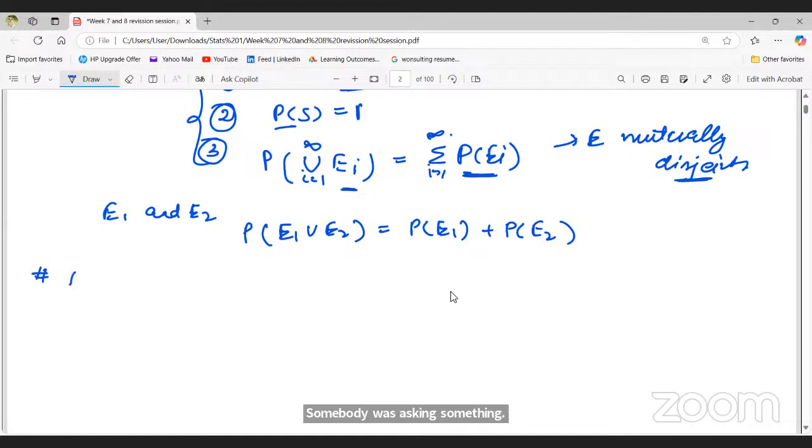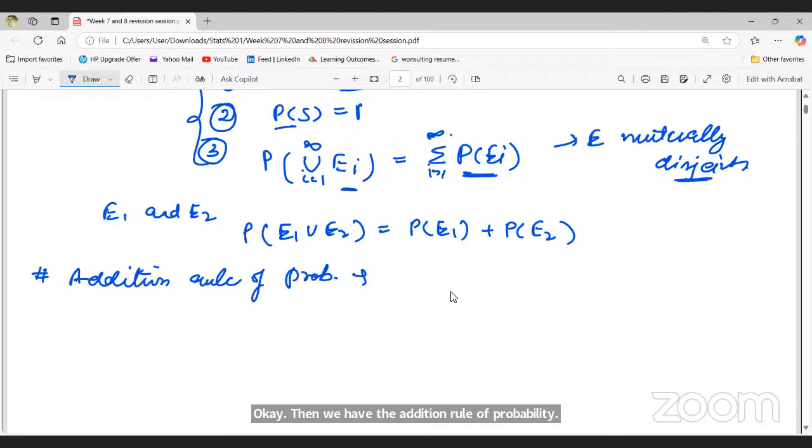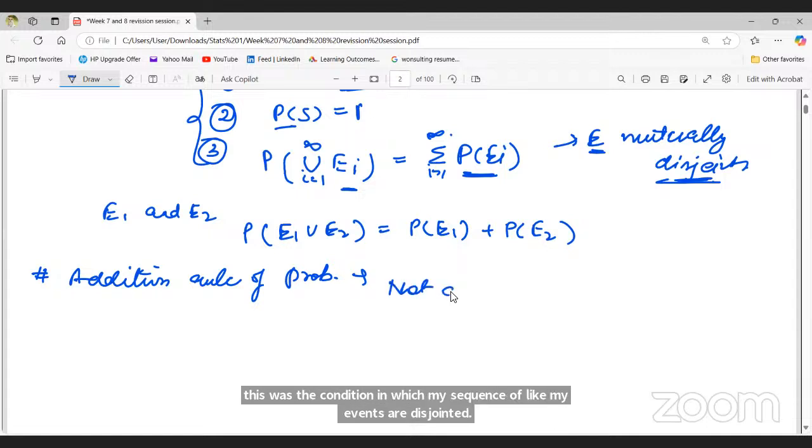Then we have the addition rule of probability. What do you mean by that? See, this was the condition in which my events are disjoint. Now I'm having the condition that they are not disjoint.